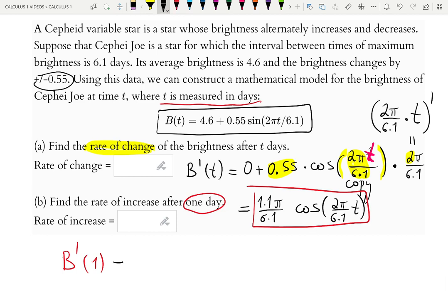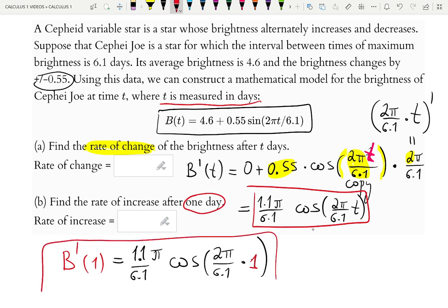And guess what? You don't have to simplify anything. Just write down 1.1 pi over 6.1 multiplied by cosine of 2 pi over 6.1 times 1. And that is the final answer. You can type this in carefully into your homework problem.